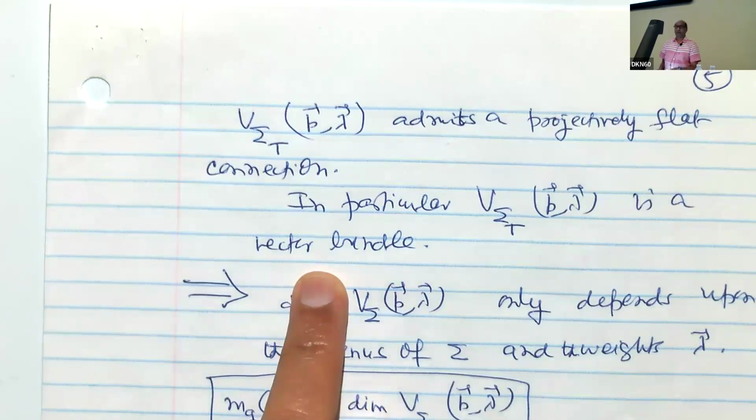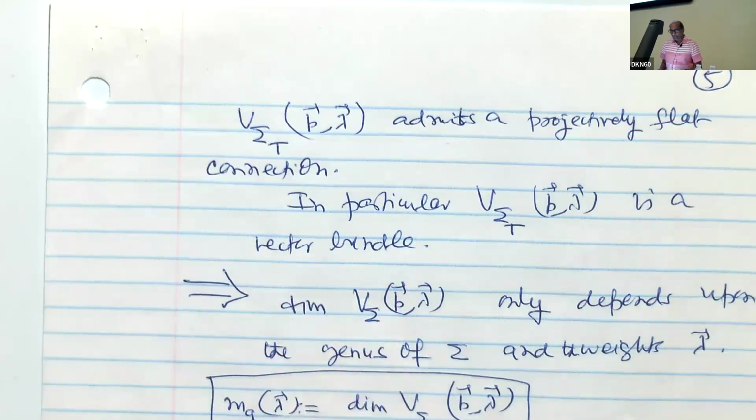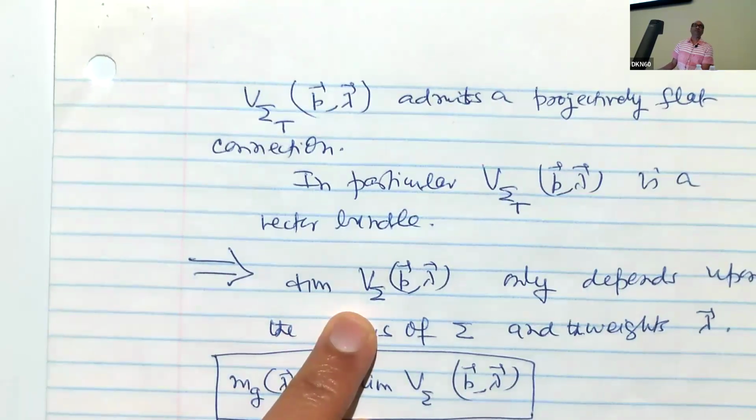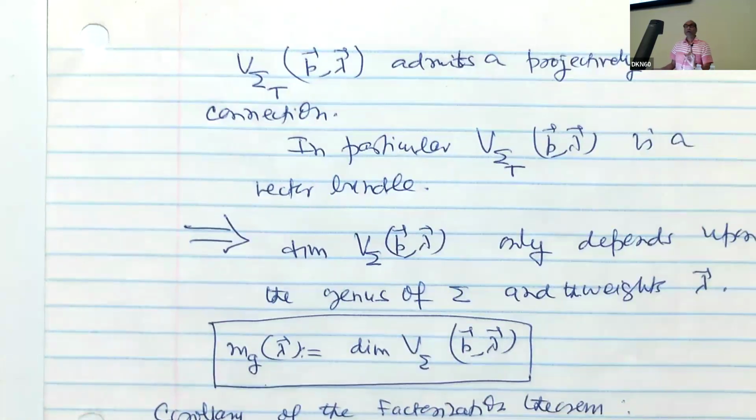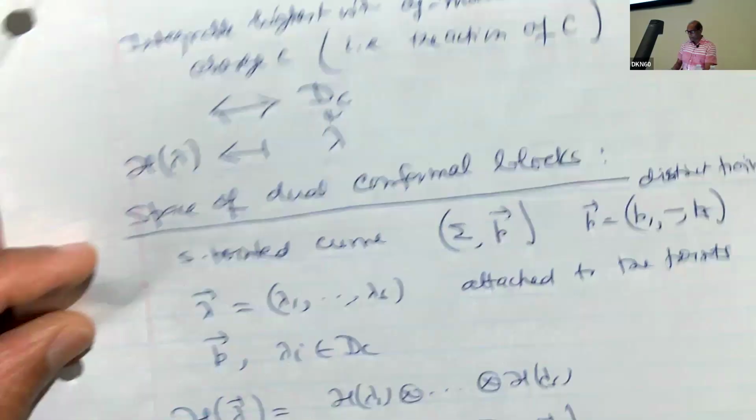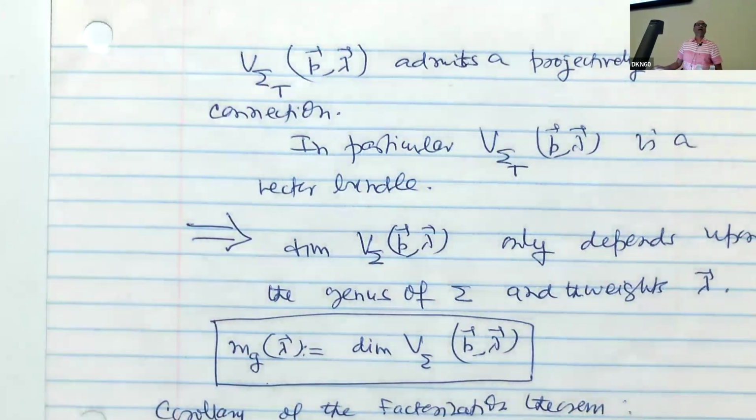So that means that the dimension of the sheaf does not depend upon any point in the parameter space, as long as the parameter space is connected, because it's a vector bundle, so all the fibers will have the same dimension. This has a very important consequence: the conformal block space I talked about does not depend upon the choice of the points.